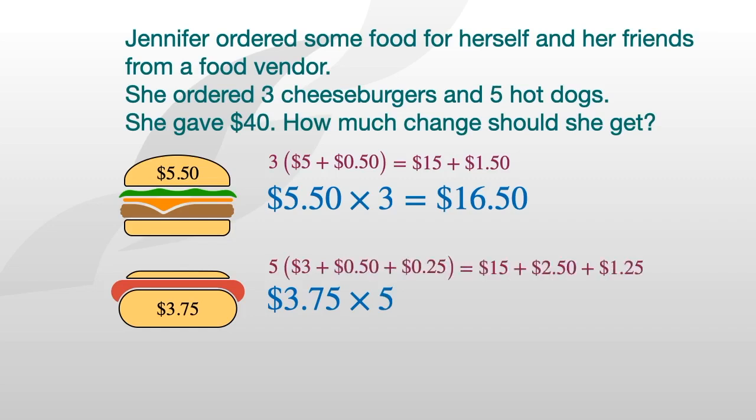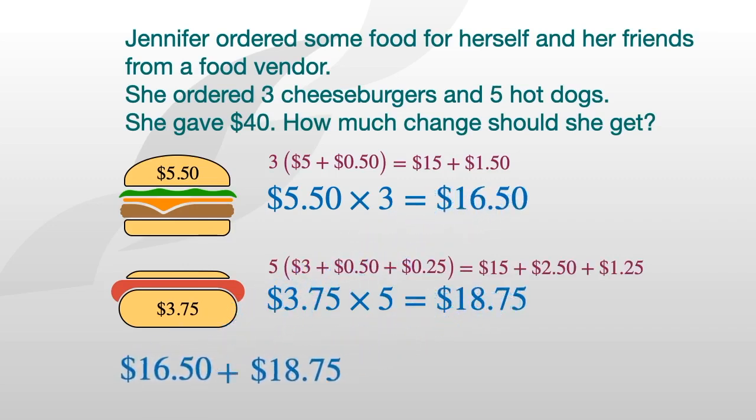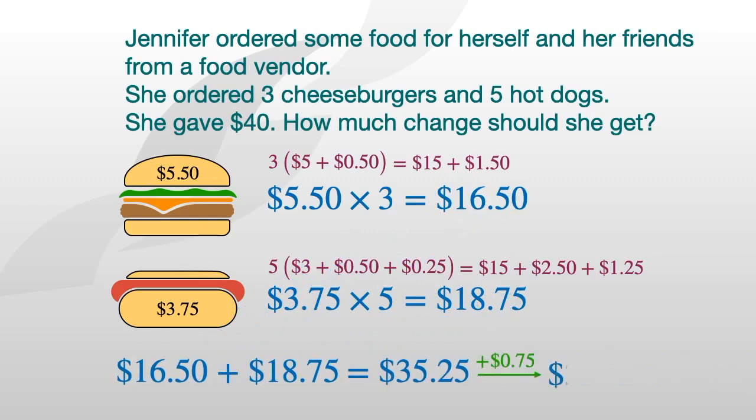This works out to $18.75. The two amounts total up to $35.25. To figure out the change, we can count up to 40. First, add 75 cents to get to $36, then add $4 to get to $40.